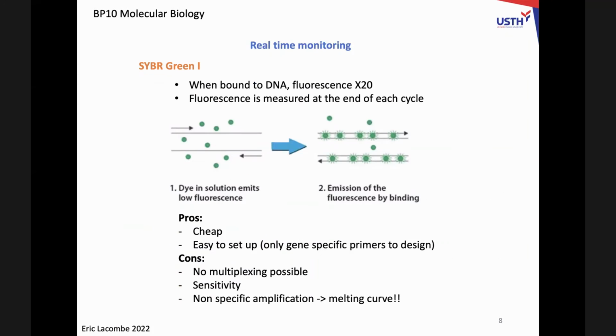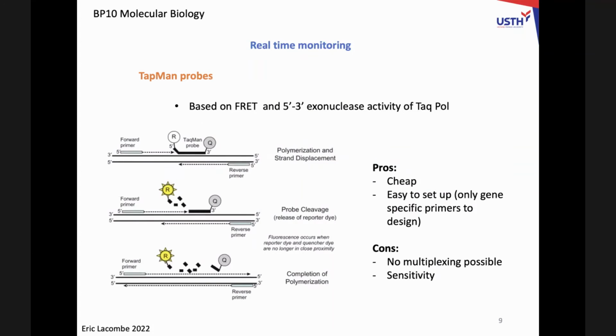The other way, so first way, the SYBR Green approach. Second way, it's what are called TaqMan probes. TaqMan probes are also another strategy to monitor real-time the PCR product accumulation in the reaction. It's based on FRET.